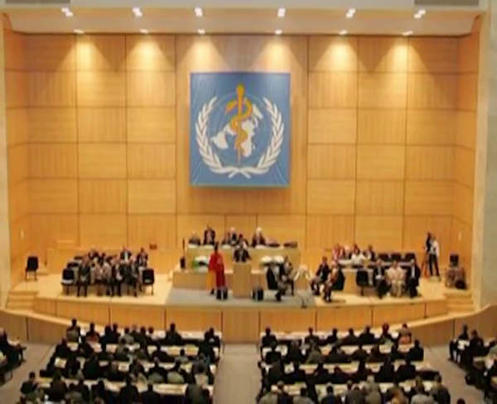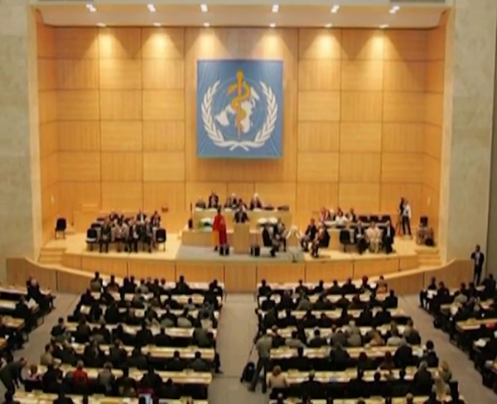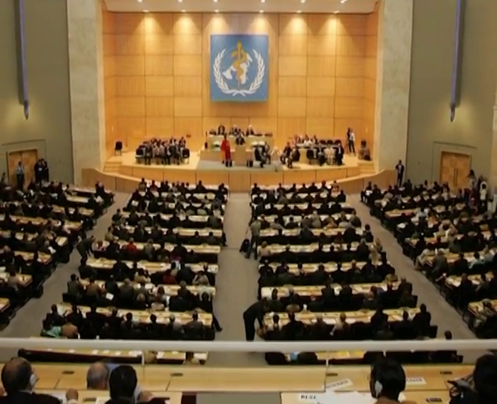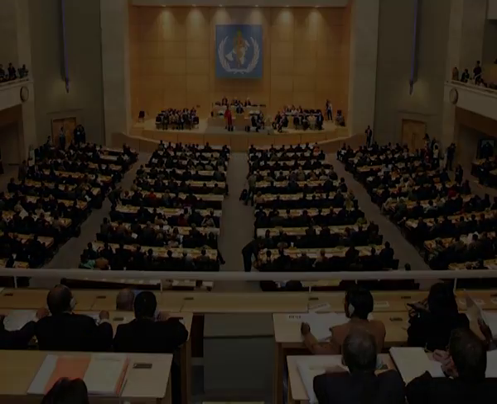Structurally speaking, WHO has multiple structures of health governance. The World Health Assembly meets once a year to approve the budget and decide on major matters of health policies. All the 190 or so member nations send delegations.